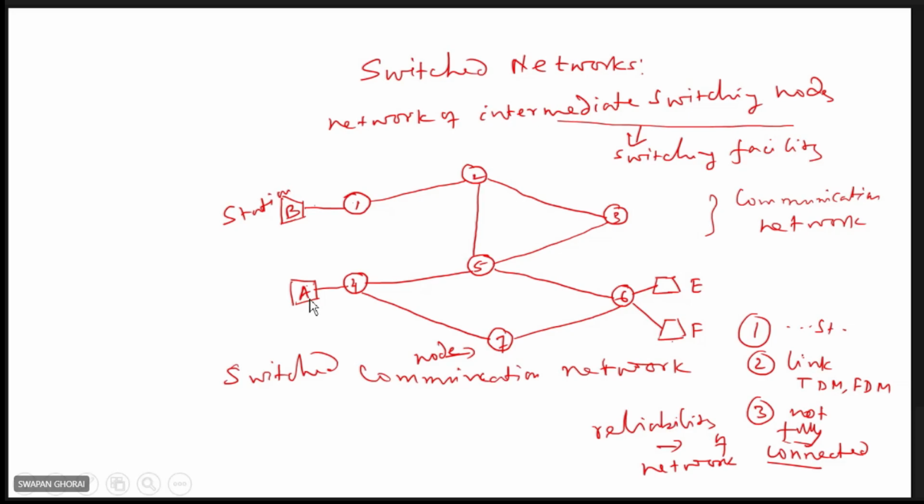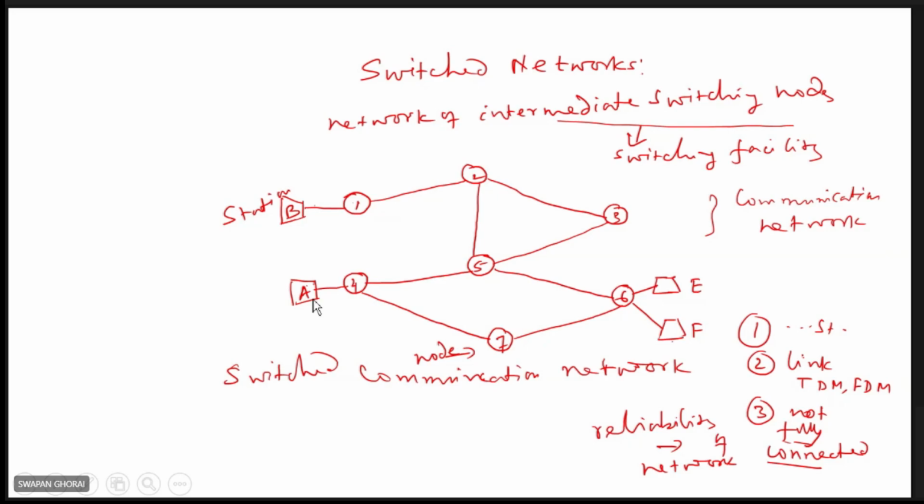Suppose A wants to send data to F, say station F or E. Then first a connection has to be established between A and say E. A to 4 is already connected, so A sends the request to node 4 for a connection to station E.